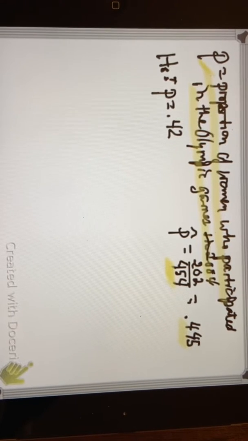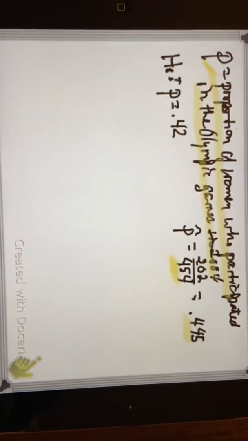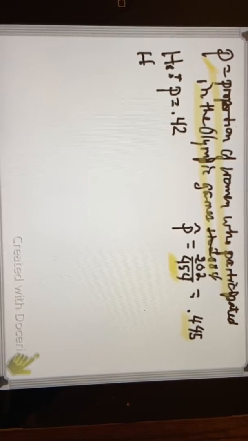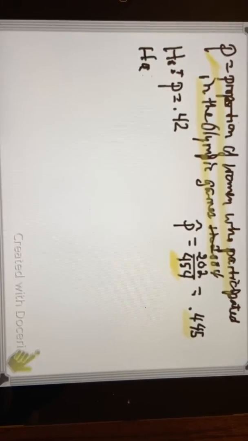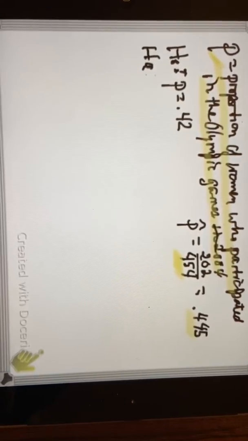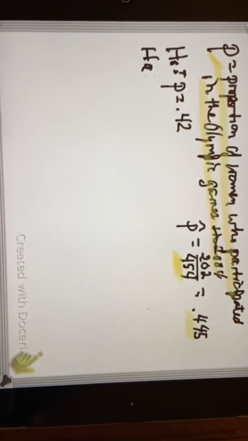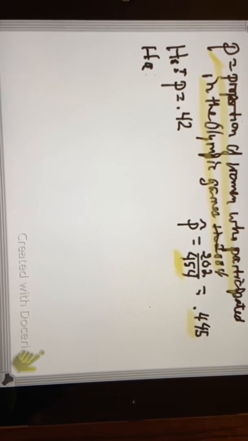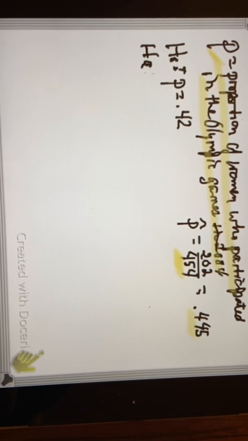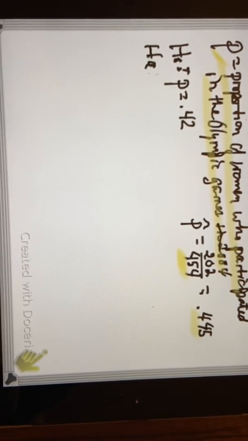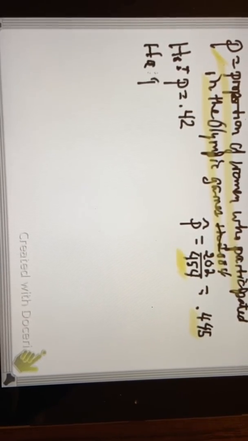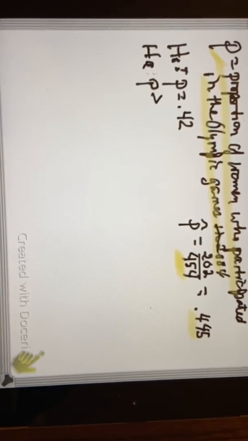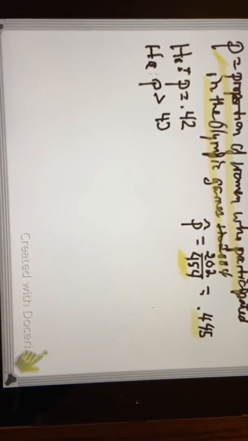And so now I'm going to establish my alternative hypothesis. And so they want to say, is there strong evidence that the participation rate may increase. And so when I write my alternative, I want to say, is it bigger than 42%?